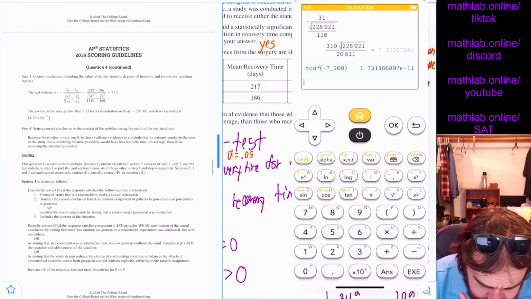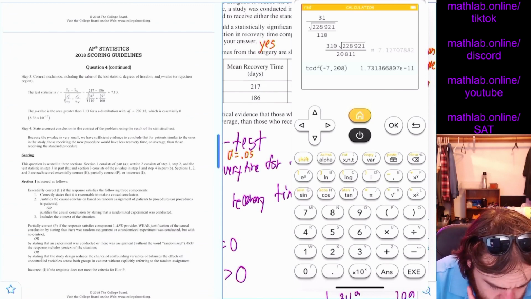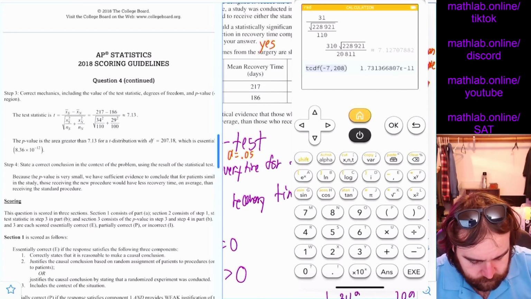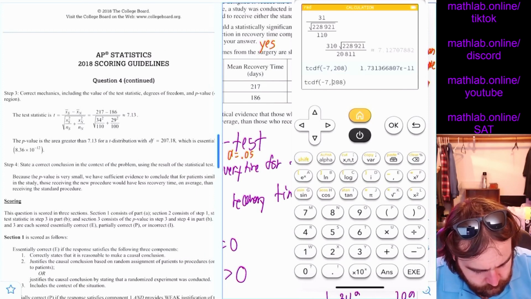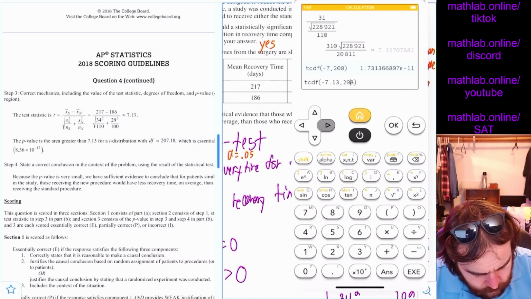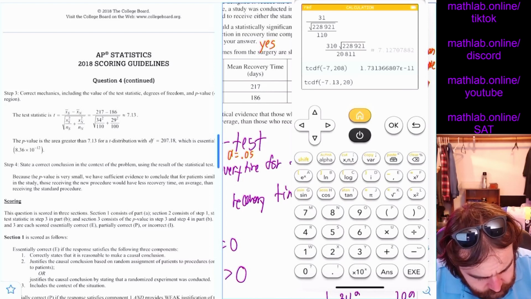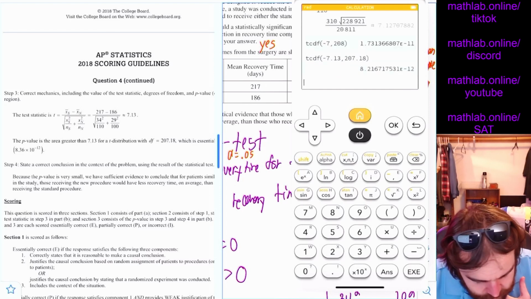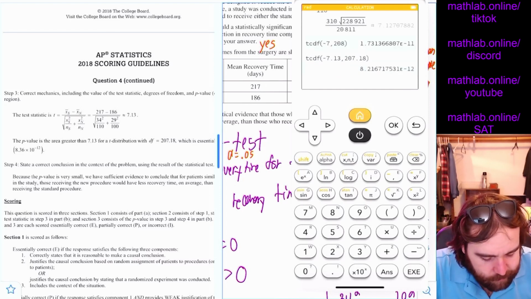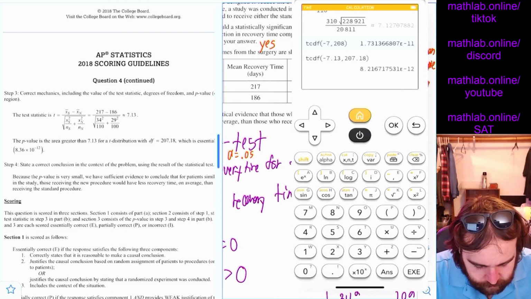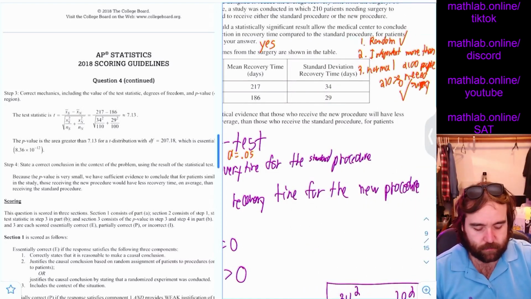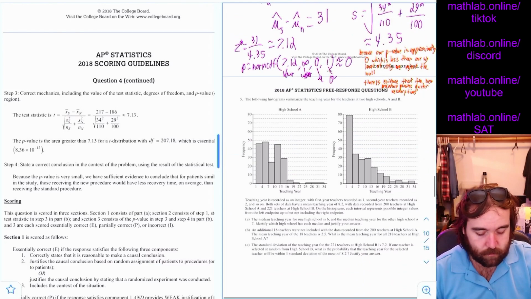Well, it's not going to be the exact same value they got, because they used a crazy degree of freedom of 207.18 from some formula. And then you get still not exactly what they got, but closer, I guess. They might have used an exact value for 7.13. But yeah, we've just totally forgot to do a t-test. That's crazy. We just totally forgot to do a t-test.